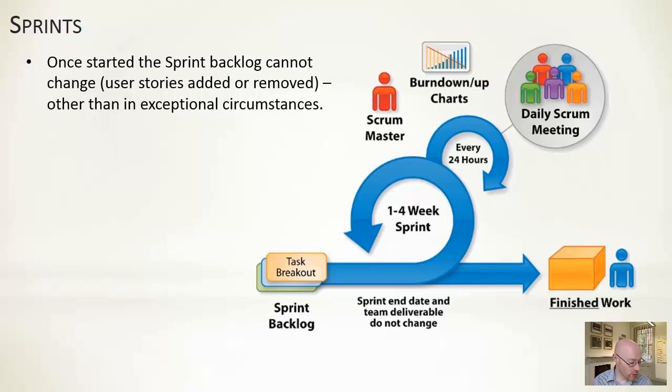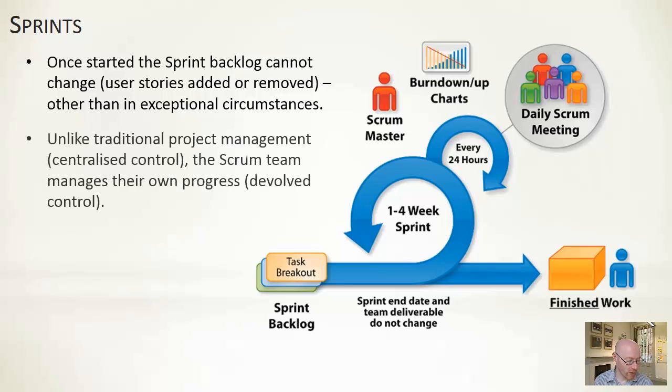I suppose it is worthwhile pointing out here that it is the Scrum team who are managing the process. They're the ones who are deciding each day what it is they're going to do. So it is not a top-down managed process where you have a project manager who's checking on people, okay, are you doing this?